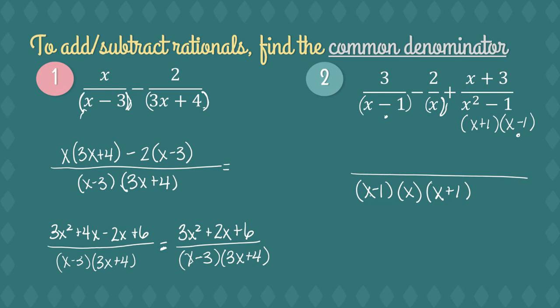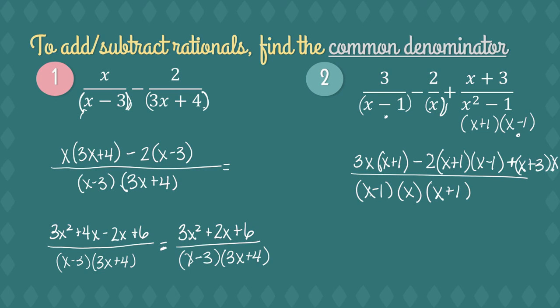Now I'm going to multiply each numerator by what I'm missing. So I have x minus 1, but I'm missing x and x plus 1. For 2, I'm missing both the x plus 1 and the x minus 1. And for x plus 3, I'm missing the x.